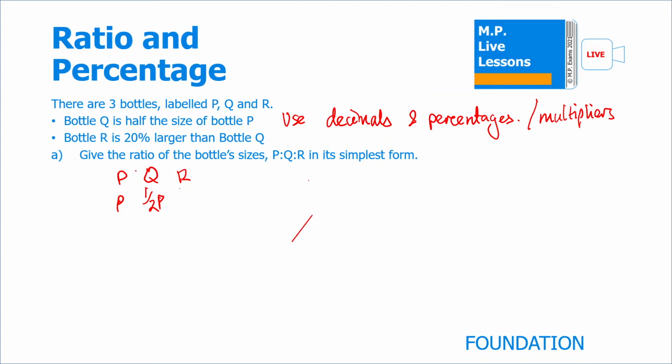So that would be 1.2 times Q, so that's actually times 1/2 P.